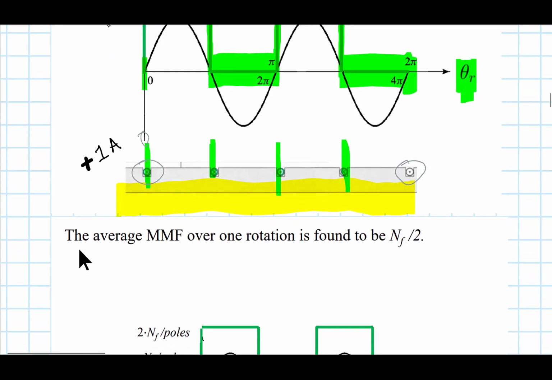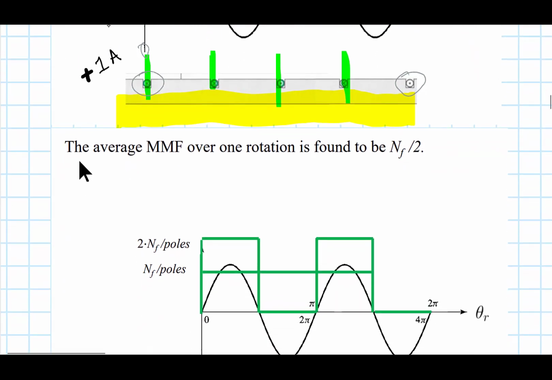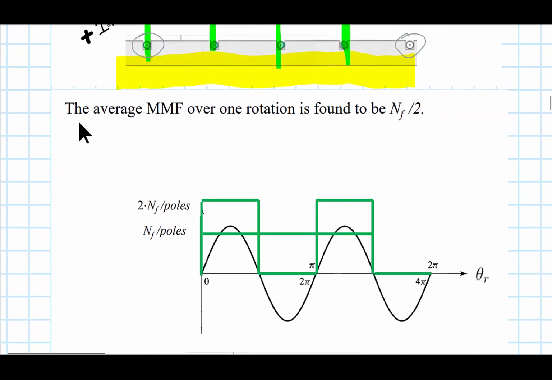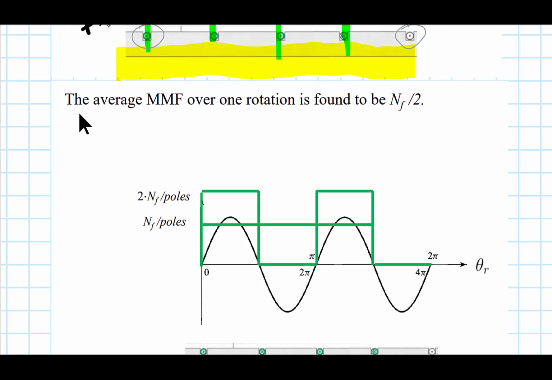And at this point, what we want to do is let's just take an average of what that MMF is that we've created. Since these distributed coil positions are equally distant and the resultant is always positive, we're going to end up having an average MMF.